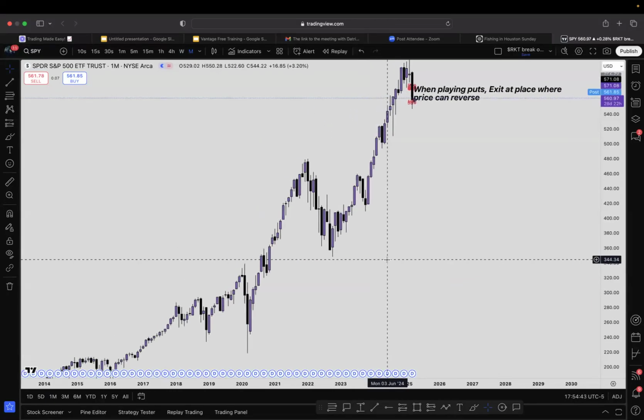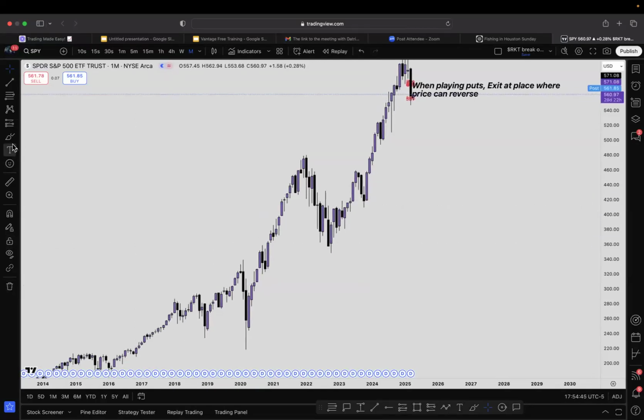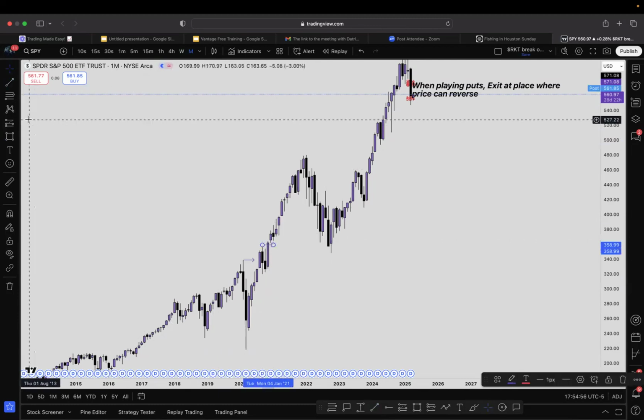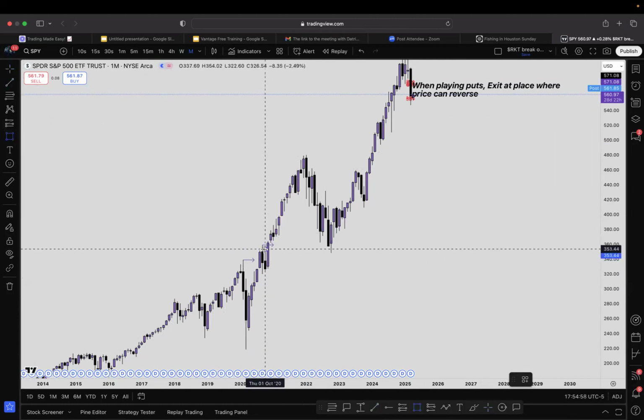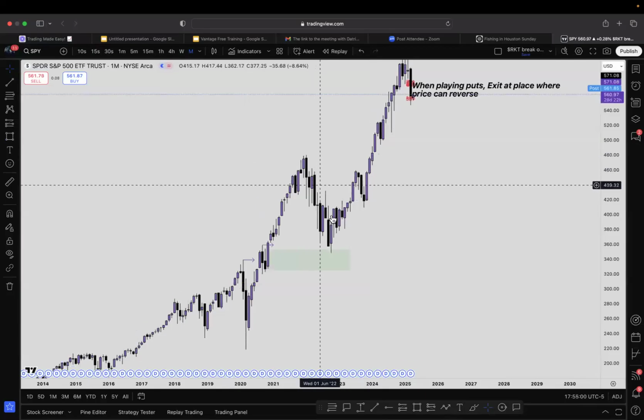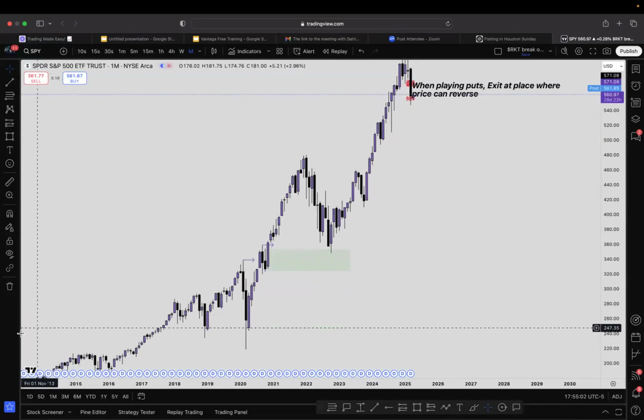All right, even look at this. COVID 2020, structure break, demand zone, boom, price ran down to demand and pushed higher.